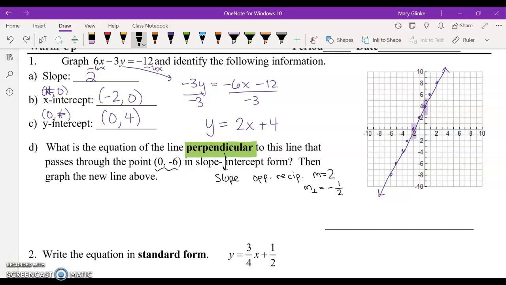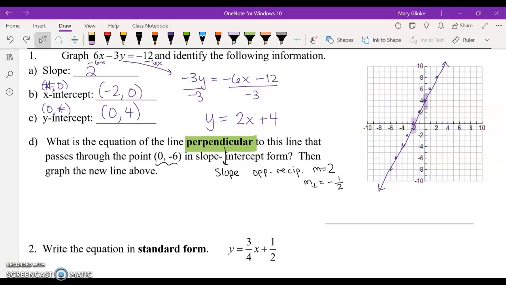Now you have two options with this. First, you can notice that that is your y-intercept, and you can go straight into slope-intercept form. But if you want to start in point-slope and then go to slope-intercept, that's okay too. I'm going to show that just in case you didn't notice that it was the y-intercept.